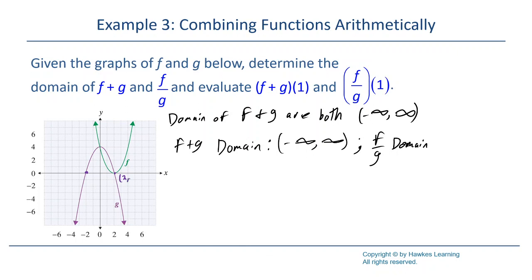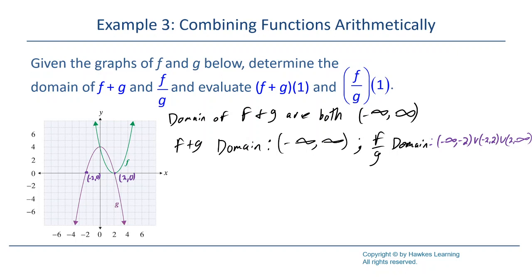This is the point 2, 0, and the point negative 2, 0. So the domain for f over g is going to be negative infinity to negative 2, union negative 2 to positive 2, and then union 2 to infinity.